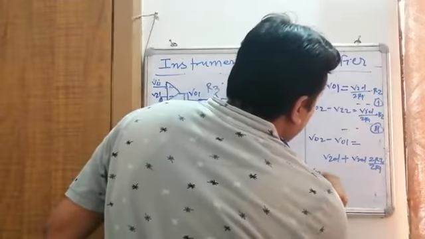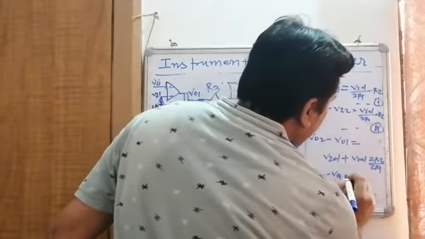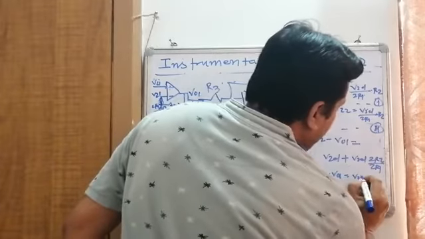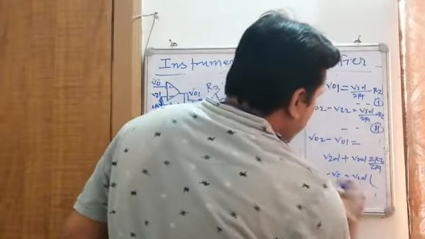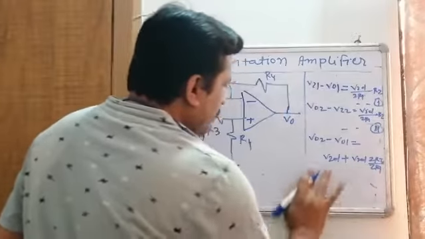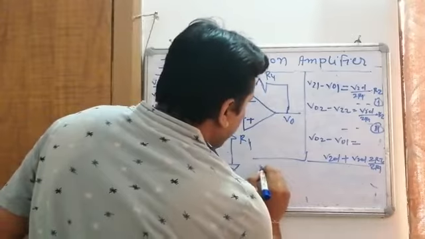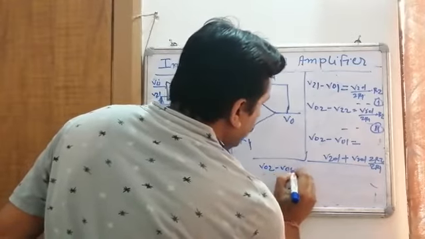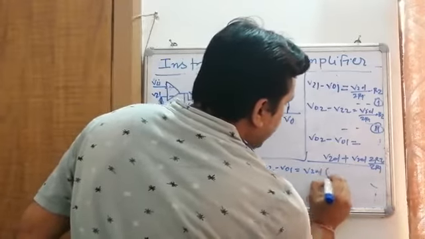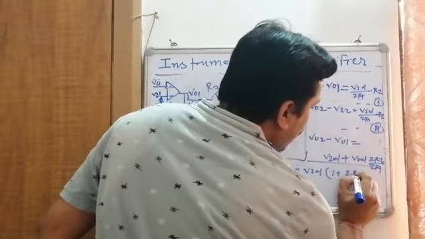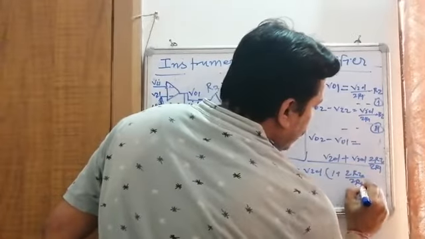So V02 minus V01 is equal to, taking VID common, VID times 1 plus 2R2 by 2R1.